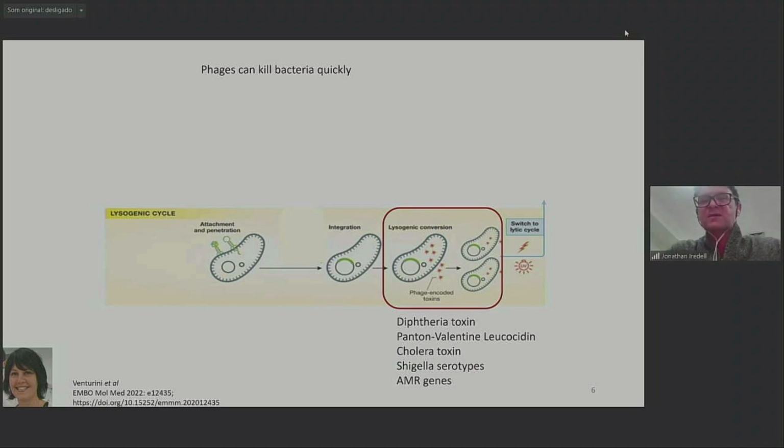So that makes sense. And we also know that the integration of the bacteriophage brings with it extra capacities for the bacteria, the most famous of which are the toxins in diphtheria, in Staph aureus, in cholera, the changing of the surface serotype of Shigella, and indeed the introduction of antibiotic resistance genes into the chromosome occasionally.